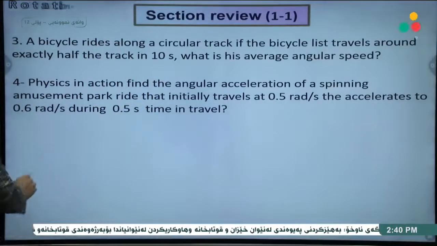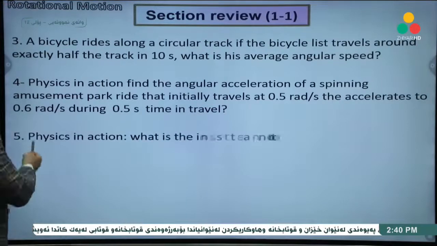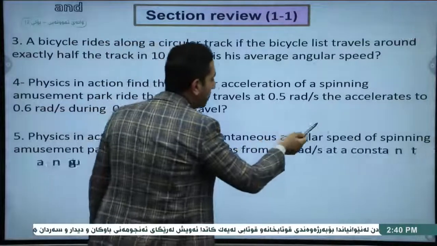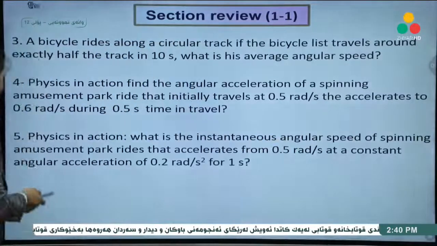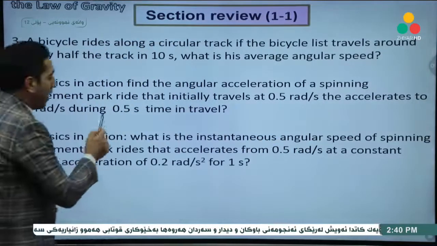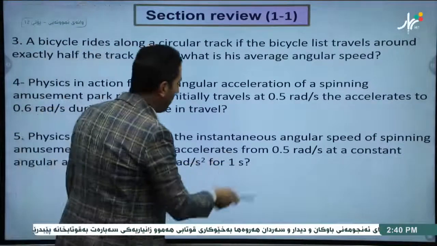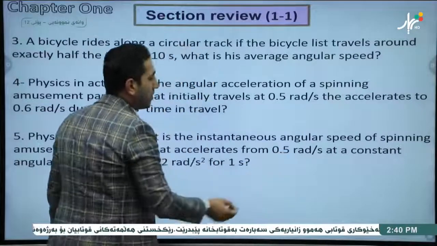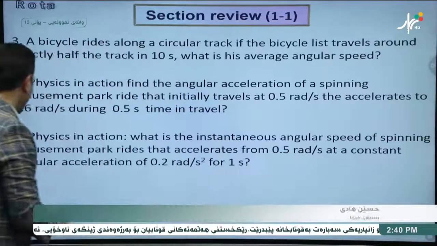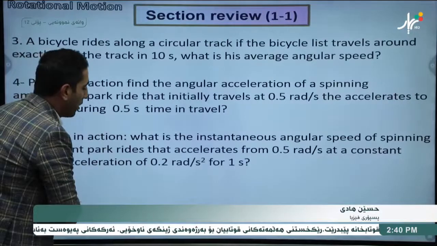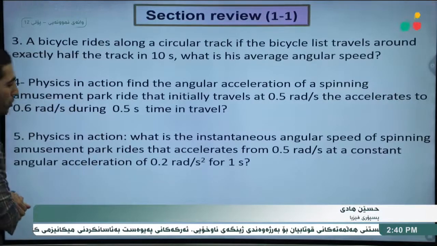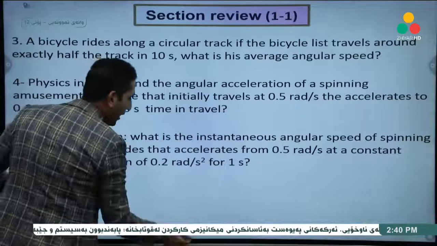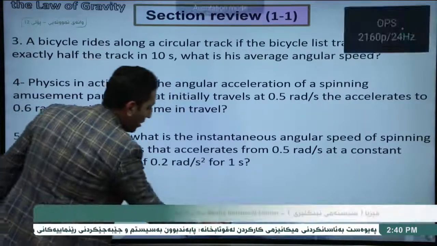After that, we have question number 5. Again, physics in action. What is the instantaneous angular speed of the spinning amusement park ride that accelerates from 0.5 rad per second at a constant angular acceleration of 0.2 rad per second squared for 1 second?